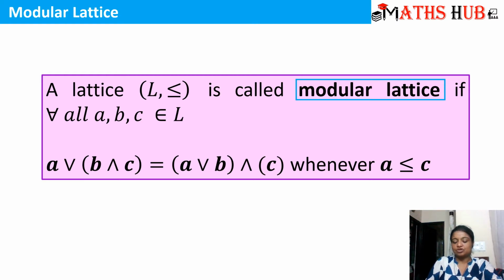It becomes (A join B) meet C. And then there is an added feature over here that A should be less than equal to C, right? This feature was not there in case of a distributive lattice, so this condition is important. So any lattice will be called modular when for all the elements A, B, C belonging to L, A join (B meet C) is equal to (A join B) meet C whenever A is less than equal to C.